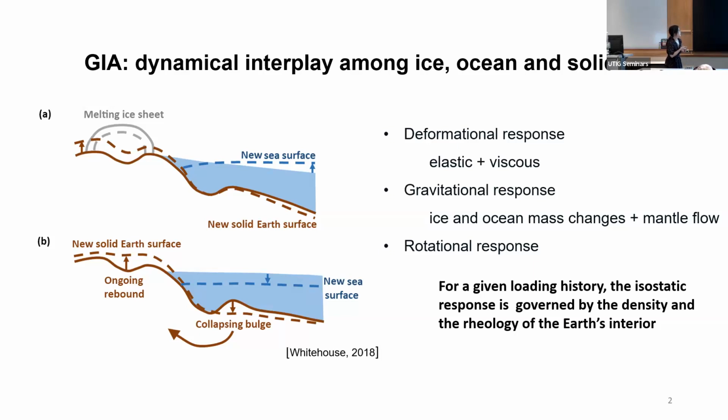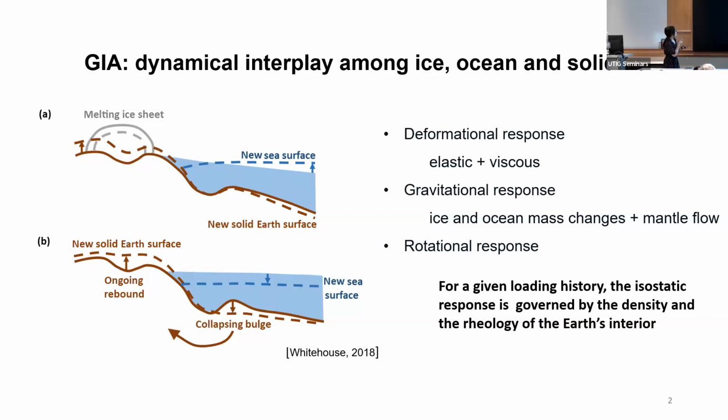The third response is the rotational response, because GIA is a global problem. This global mass redistribution will perturb the moment of inertia of the Earth, so this will perturb the Earth's centrifugal potential field. All of this will feed back to the deformation response.